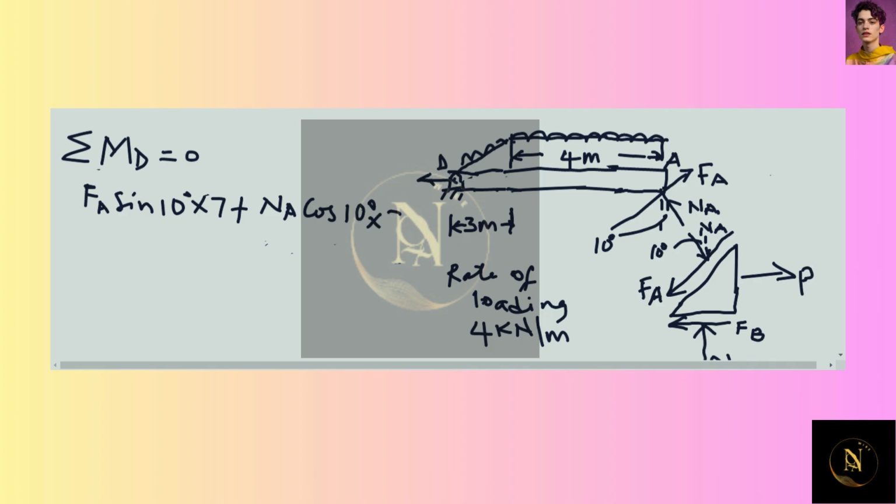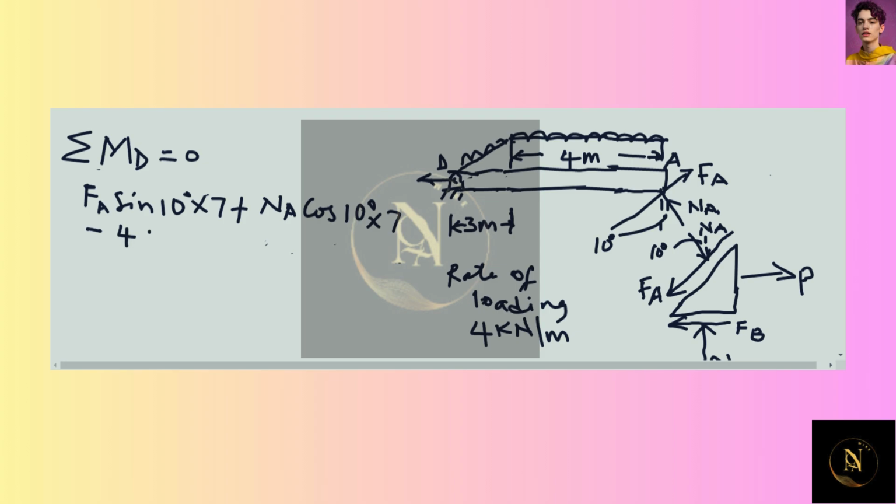The summation of moments about D is equal to 0, so we have Fa, the frictional force at A, times sine 10 degrees, the inclination there, times 7, the distance, plus the other force Na, the normal reaction at A, times cos 10 degrees, distance still 7, minus the distributed load.